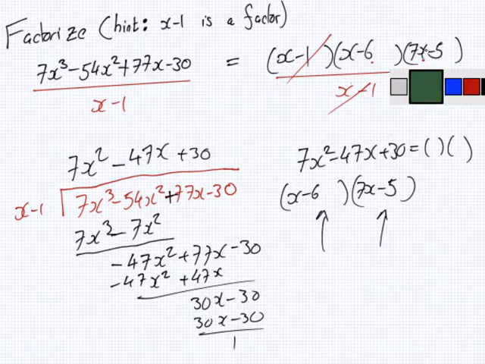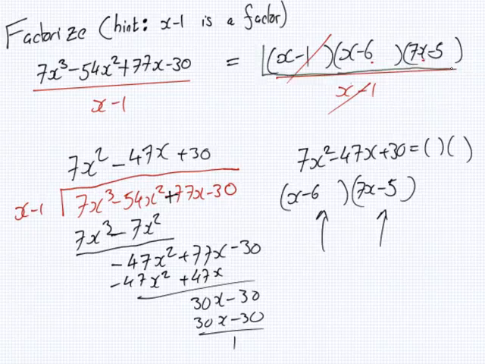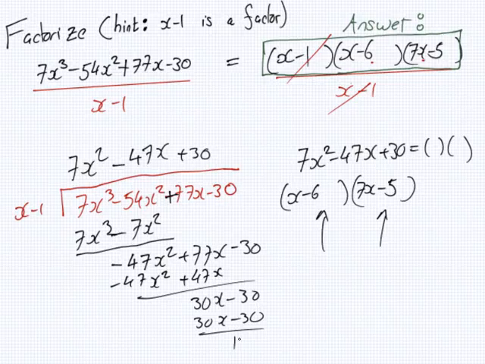So the 3 factors are x minus 1, which they provide, x minus 6 and 7x minus 5. This is the answer here in the box. So again, this lesson is called long division, in case you forgot. Everything we're doing is by long division. How's the remainder 1? I don't know how that happened. It's 0, not 1.